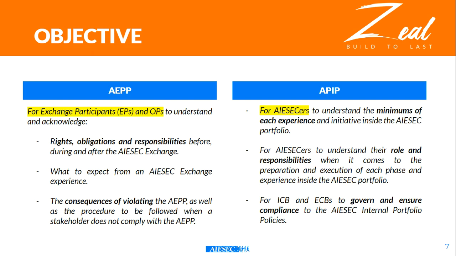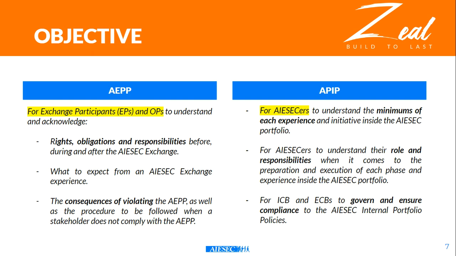The objective of AIESEC Exchange Program Policies is for EPs and OPs to understand and acknowledge the following: the rights, obligations, and responsibilities before, during, and after the exchange, what to expect from AIESEC and its experiences, and the consequences of violating it, as well as the procedure to be followed when a stakeholder does not comply with AEPP.